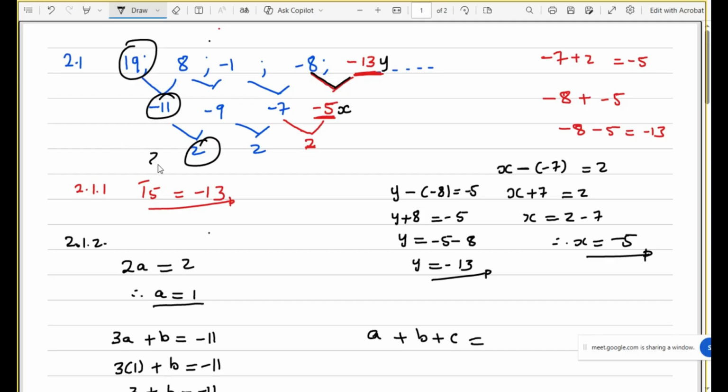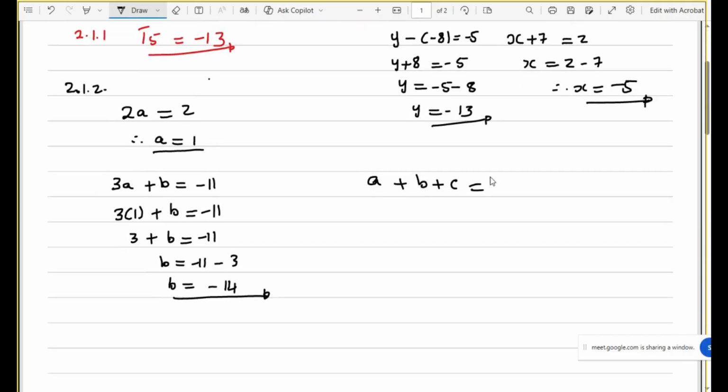So basically, this is 2a, and this is 3a plus b, and this is a plus b plus c. Now we equate that to 19 and solve. So a is 1, b is minus 14, plus c is 19. So 1 minus 14, that's minus 13.